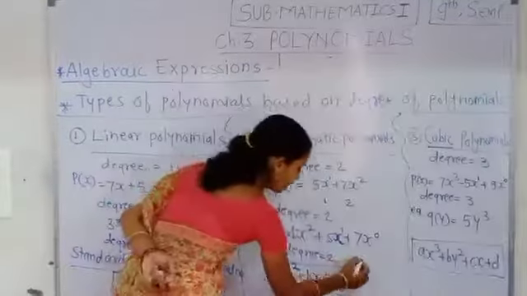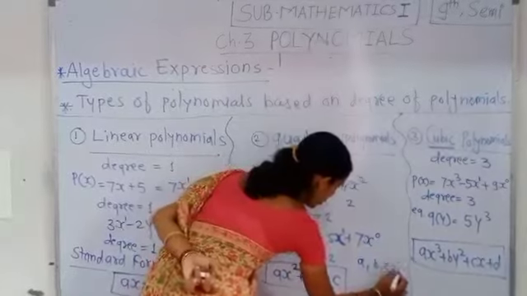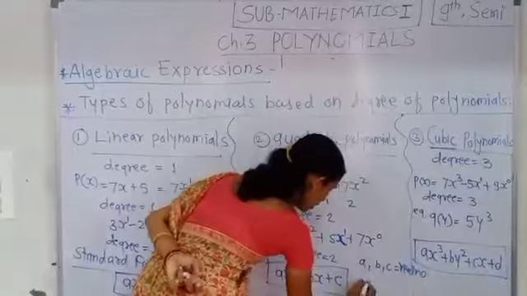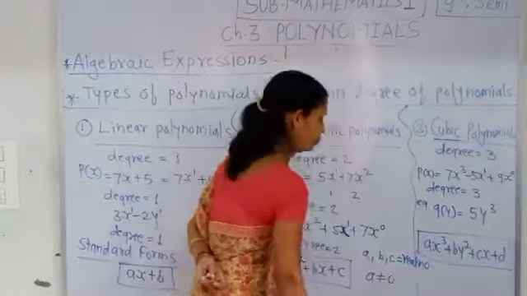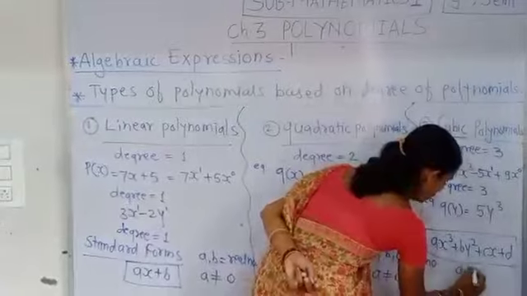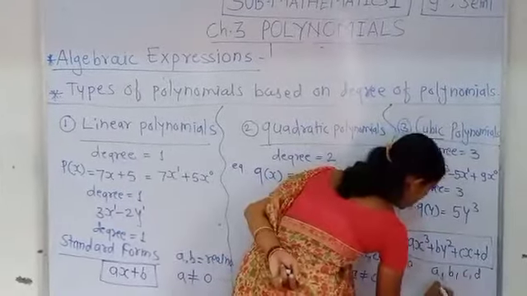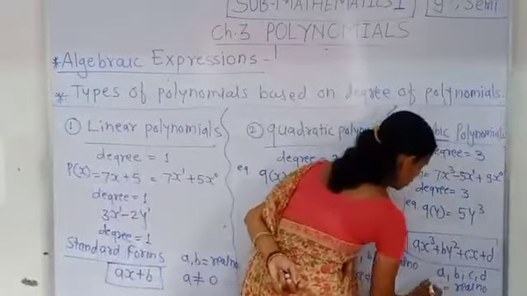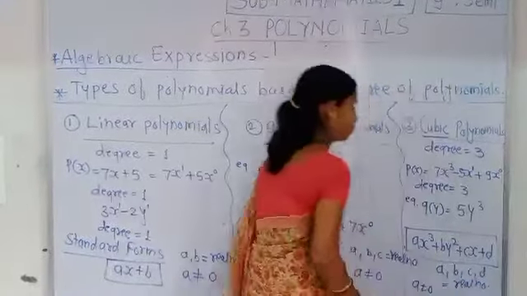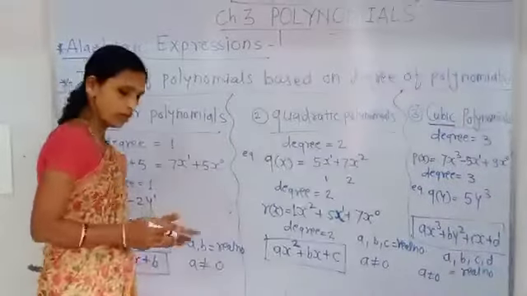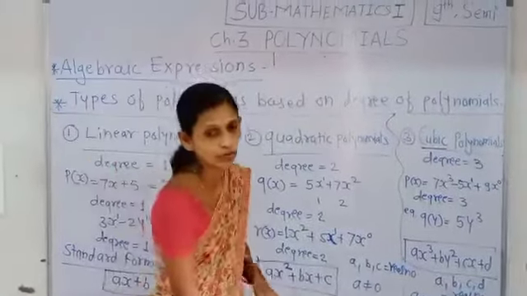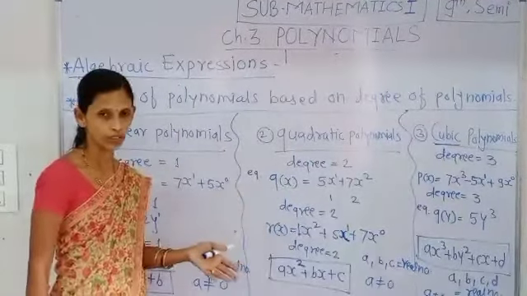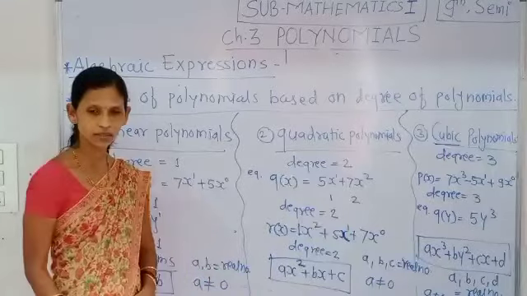Here also a, b, c are real numbers, but a should not be 0, as well as here a, b, c, d may be any real numbers, but a should not be 0. Those are the standard forms of the different types of polynomials.